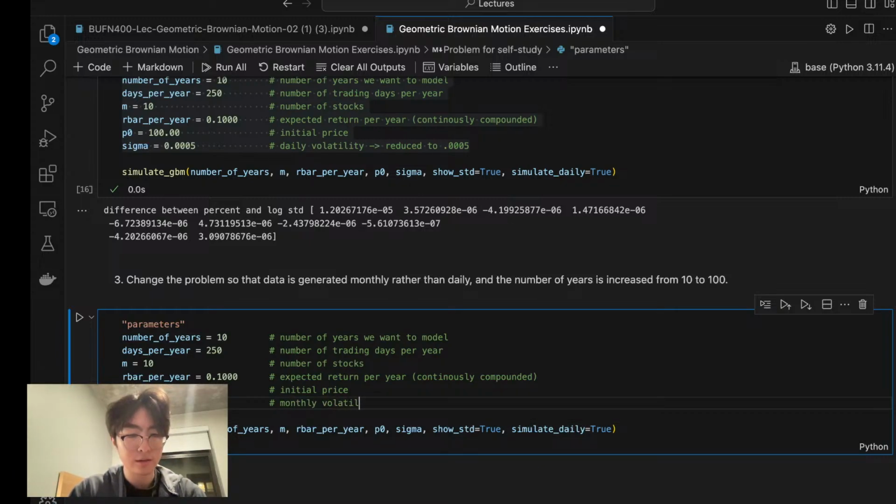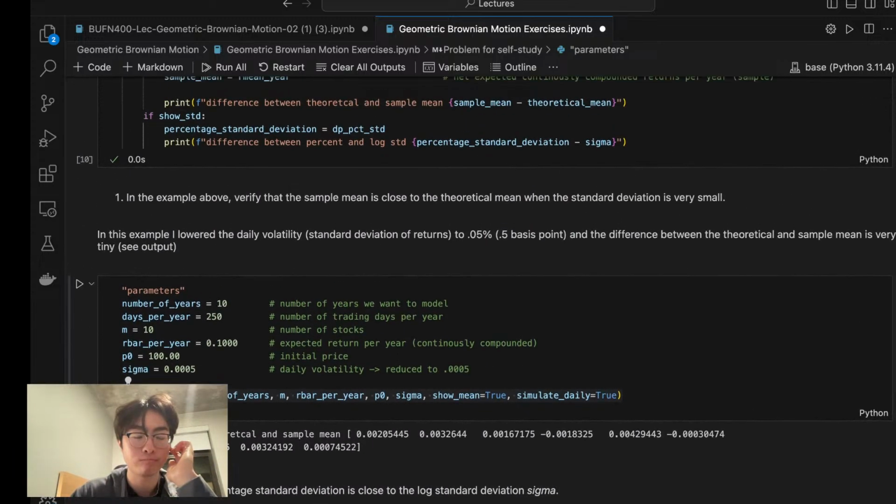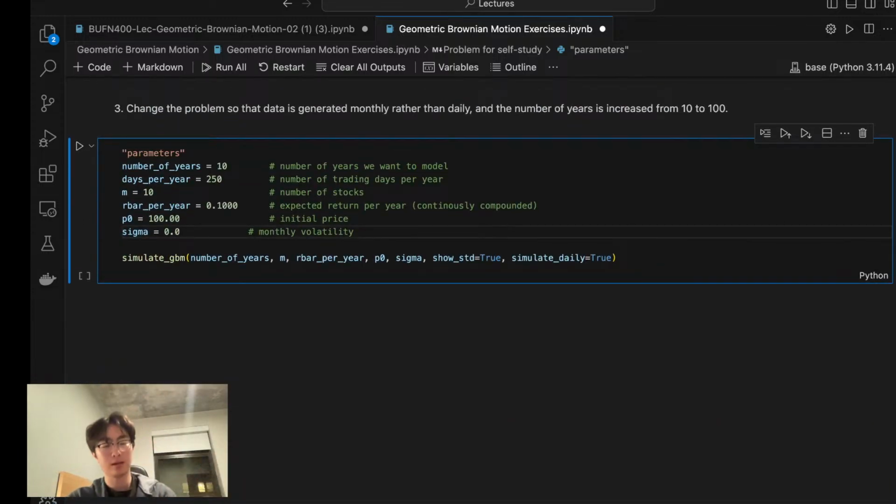Monthly volatility, so let's crank this up to maybe, let's say 0.02 again. Ooh, monthly volatility, so it'll be monthly, let's say we have 5% a month. I feel like that's maybe reasonable.